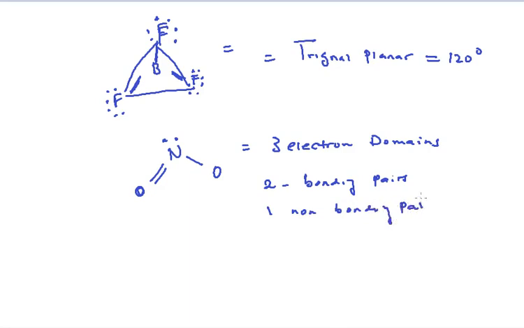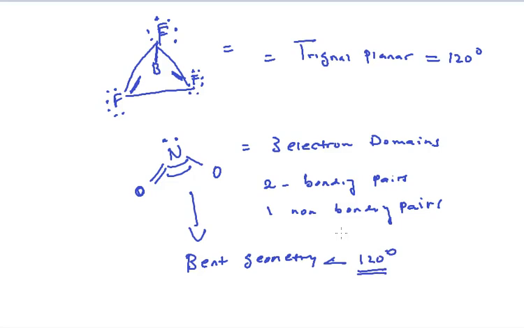So we're not expecting a trigonal planar geometry with 120 degrees. The angle is going to be a little bit bent. Because of that, it's under the trigonal planar electron domain, but we call this a bent geometry. The angle between them is not 120 degrees, it's less than 120 degrees, but it's still under trigonal planar because it has 3 electron domains.